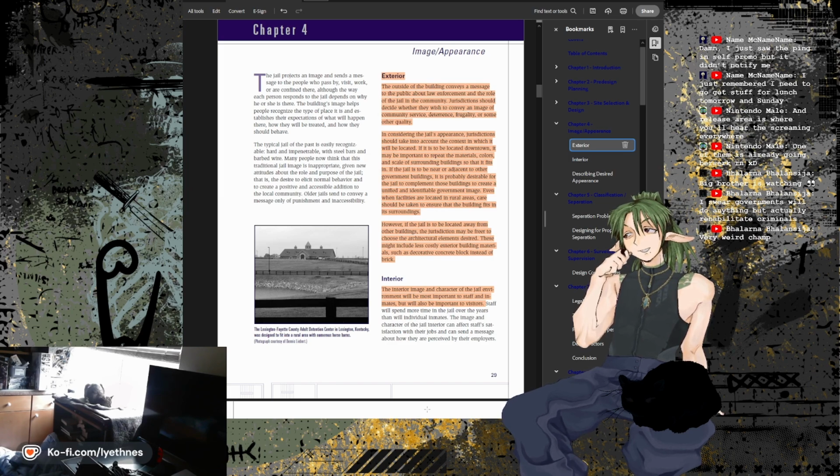If it is to be located downtown, it may be important to repeat the materials, colors, and scale of surrounding buildings so that it fits in. If the jail is to be near or adjacent to other government buildings, it is probably desirable for the jail to complement those buildings to create a unified identifiable government image.